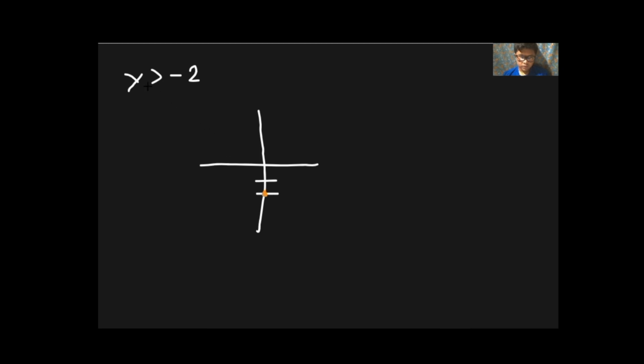The symbol we use is greater than, so we're going to use the dashed line. It says here that y is greater than negative 2, so the part we're going to shade is going upward.